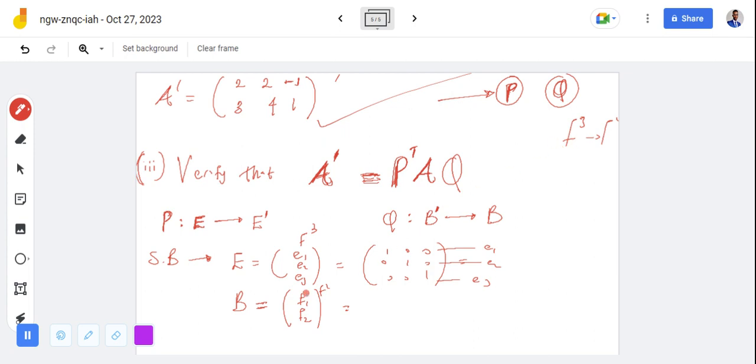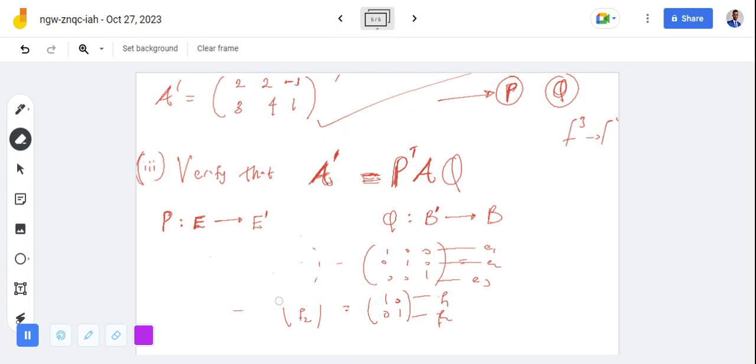So E first, then B. Let's just leave it this way. So this is a 2 by 2 matrix, 1, 0, 0, 1, whereby this is our f1, this is our f2. I think this is what we have been using. Okay, that's the idea of the standard basis.